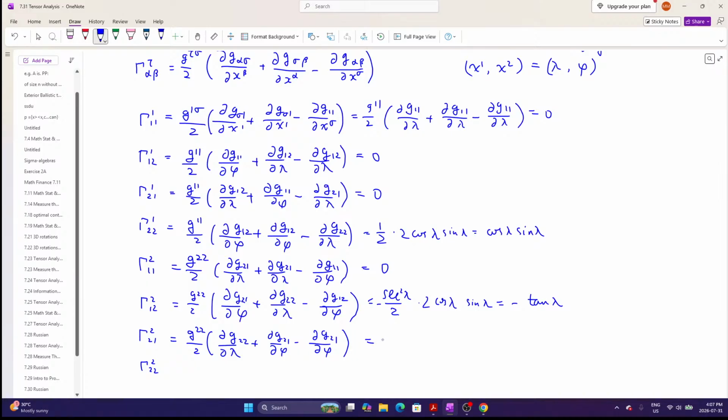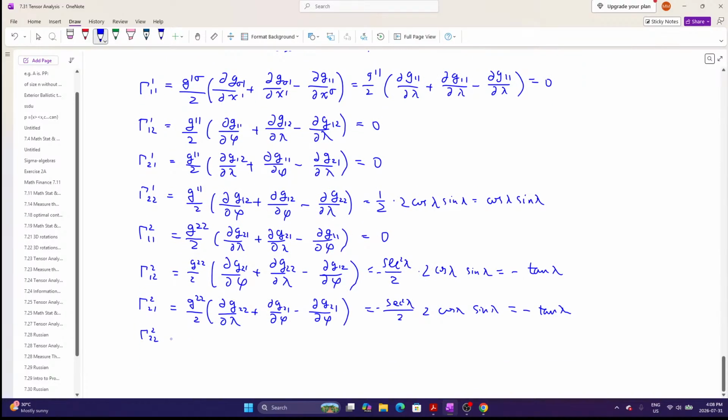So g22 on top would be secant squared of lambda over 2, and dg22 over d lambda would be 2 times cosine of lambda times minus sine of lambda. This is the same as the previous term, so this is minus tangent of lambda. So we have that.